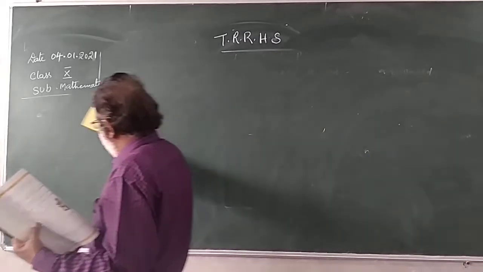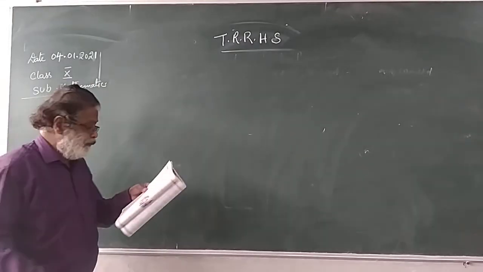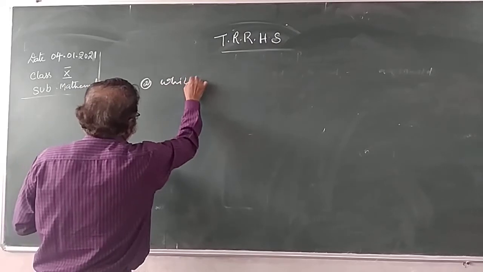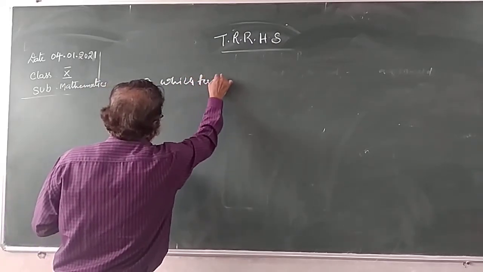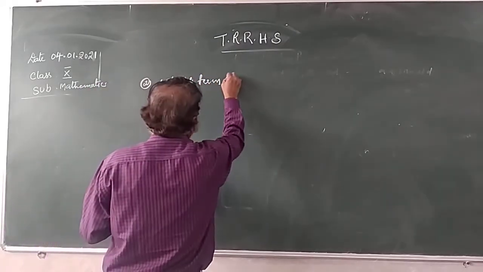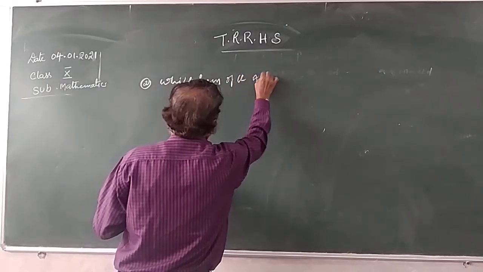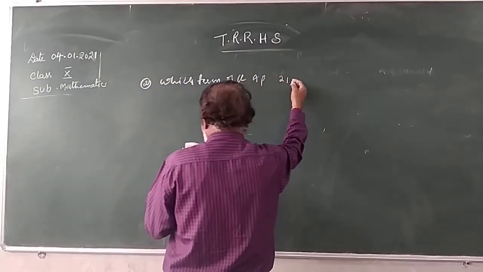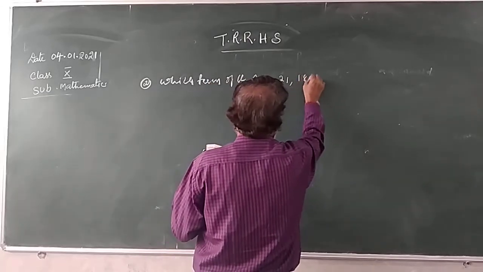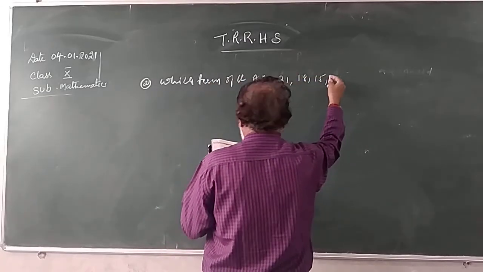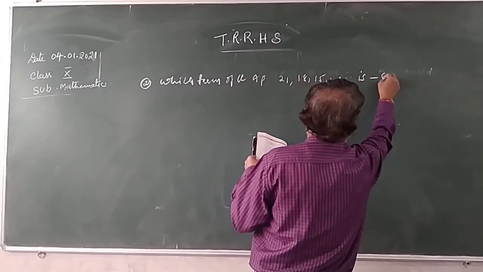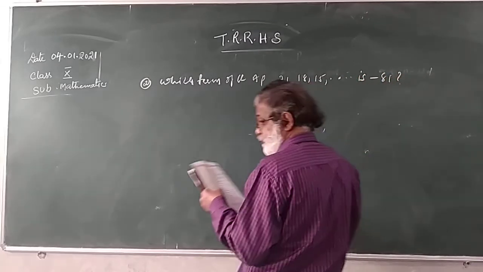Which term of the AP 21, 18, 15, and so on is minus 81?